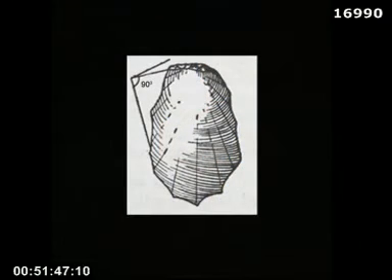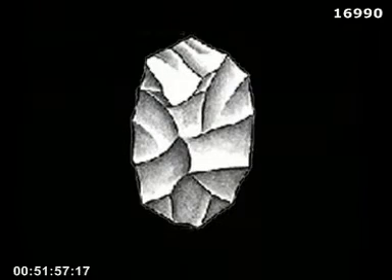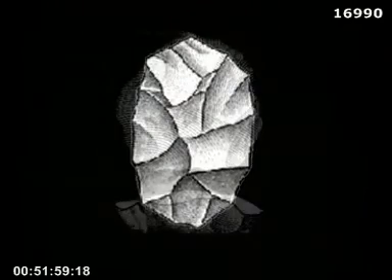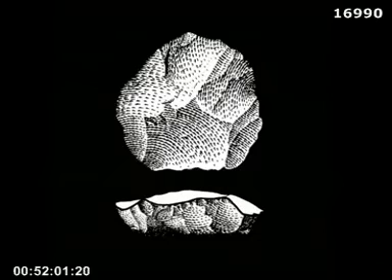The flake could now be used as a tool, as the margins and the end are sharp enough due to the concreting of the flake scars on the upper surface with a clean undersurface.